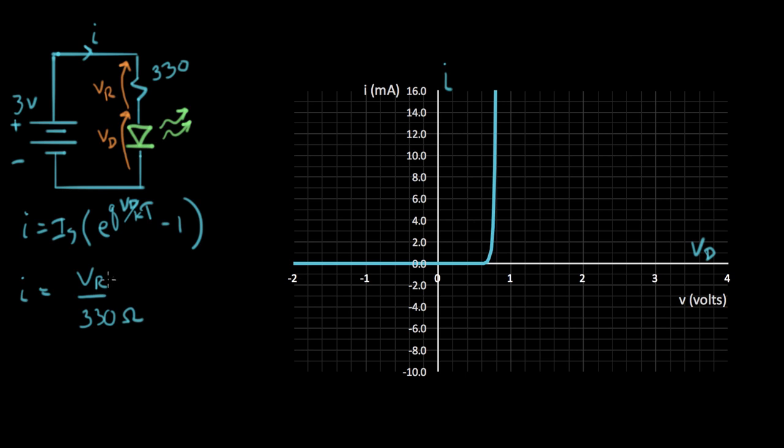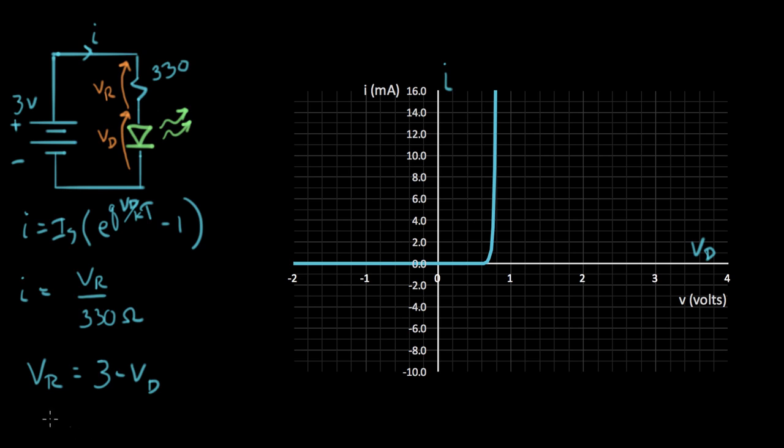Now, in this expression, I have VR instead of VD. So let me try to figure out VR in terms of VD. I can derive VR as 3 volts minus VD. And let's put this into this I expression here.